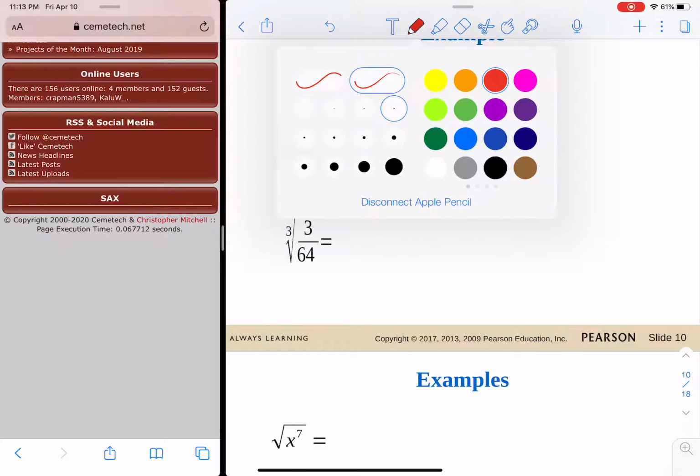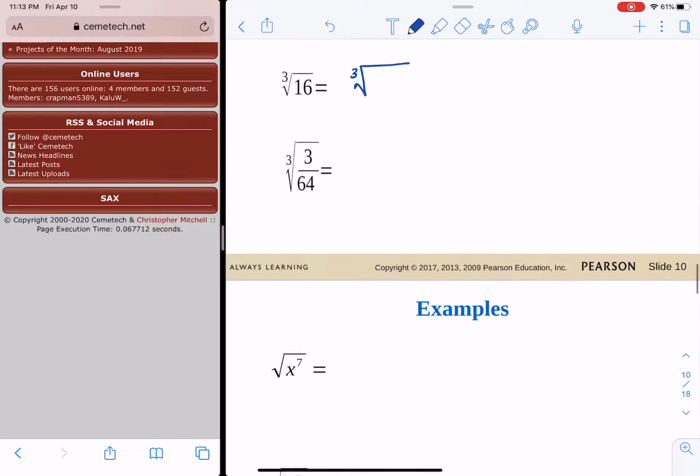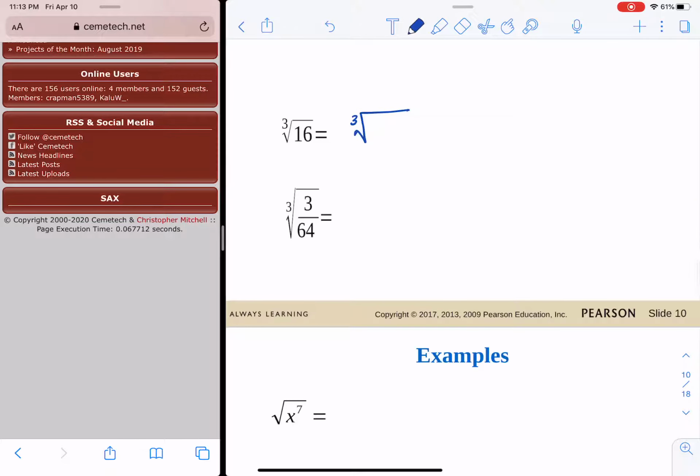Here we have the cube root of 16. So could we write 16 or factors of 16 in terms of a perfect cube? Why cube? Because this is the third root. So 8 times 2 is 16, and 8 is a perfect cube of 2.